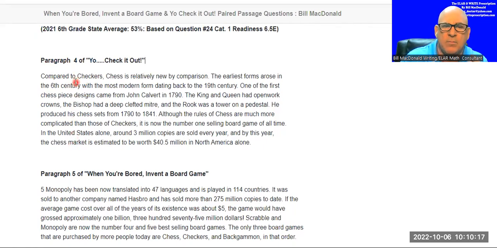We'll call him paragraph 4 of Yo Check It Out. And another team will check out the clues and evidence from suspect number 2, Invent a Board Game. So there's lots of details, lots of evidence here, but what they want is the evidence that's similar across the passages.